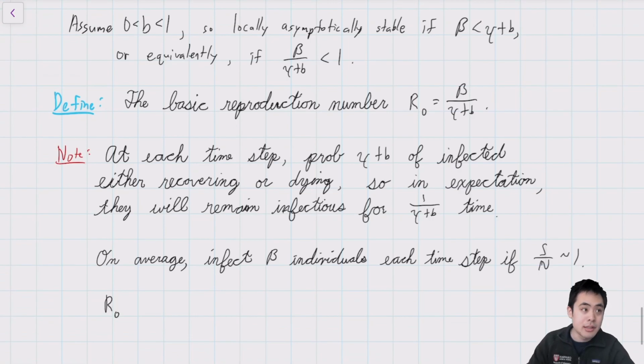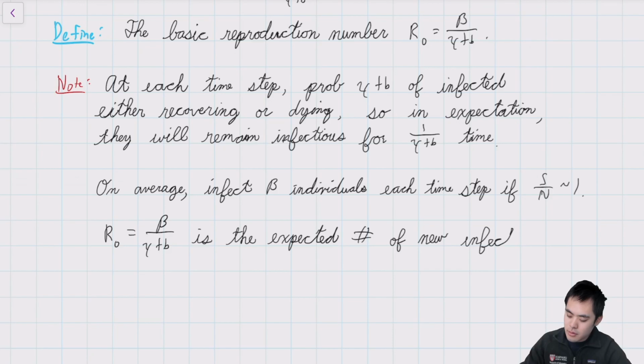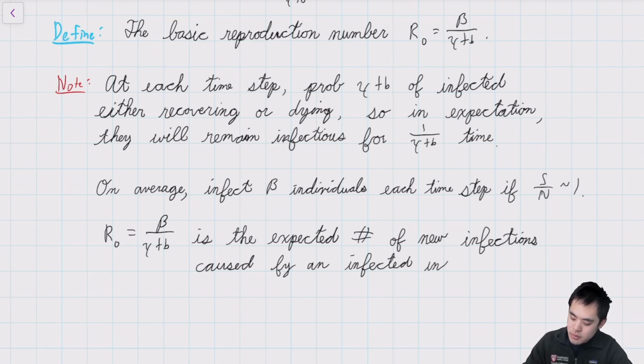So therefore, R naught equal to beta over gamma plus b is the expected number of new infections caused by an infected individual over their time being infected, if, of course, S over n is close to 1.